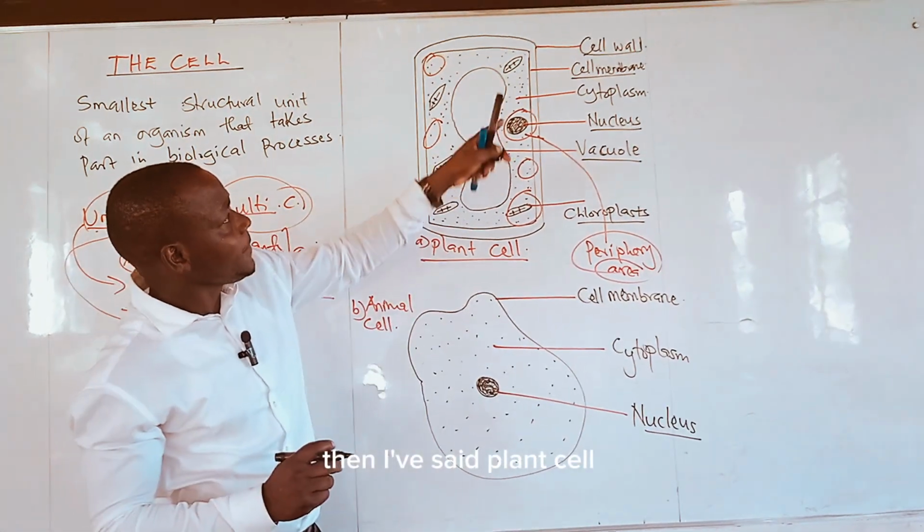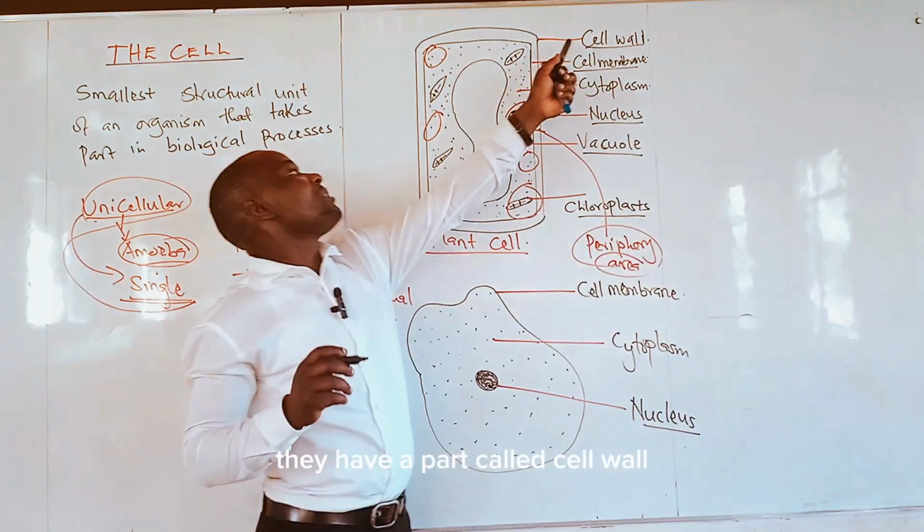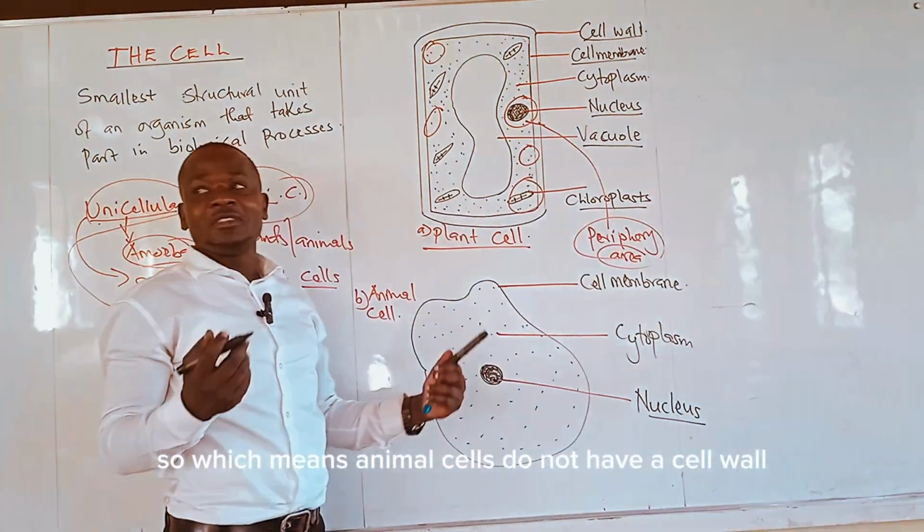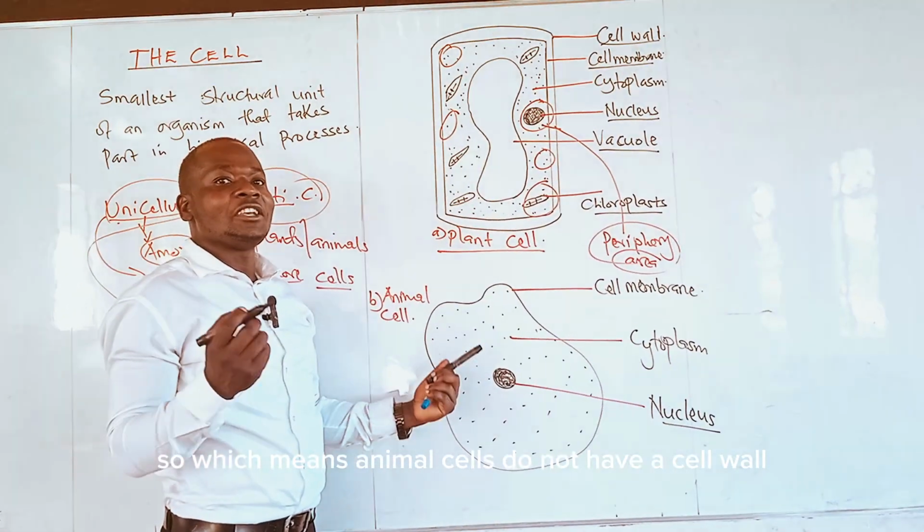Plant cells have a part called the cell wall, but in animal cells the first part is the cell membrane, which means animal cells do not have a cell wall.